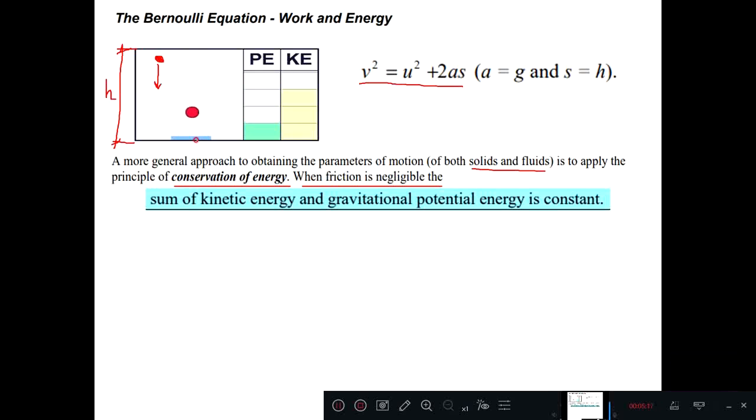Kinetic energy we can write as half mv square, as we know, and gravitational potential energy as mgh.